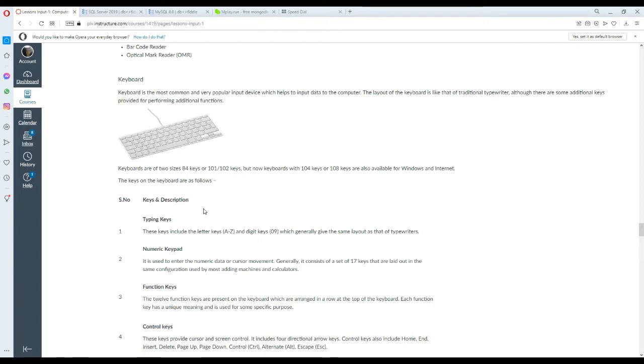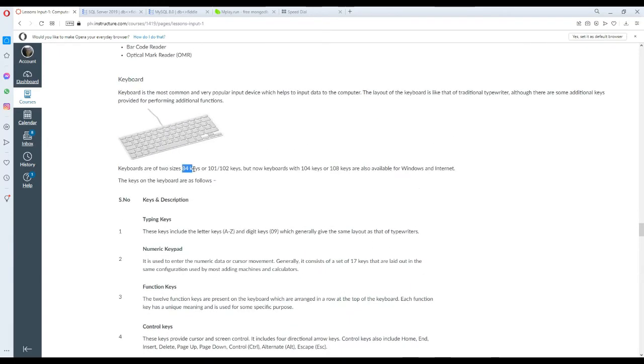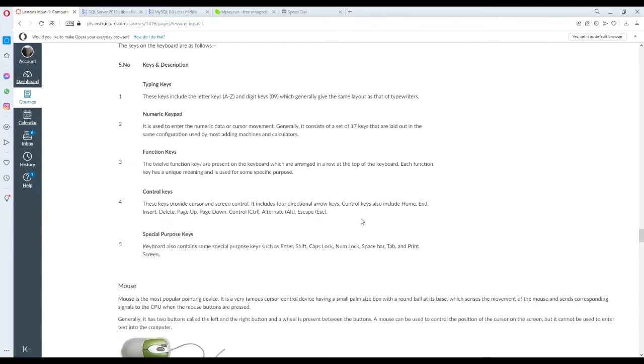A keyboard can be in your computer, in your laptop, in your cell phone, even a Nokia black and white 2G phone has a keyboard. Okay. So the keyboards are of two sizes. We have the 84 keys or 102 keys, and we also have 104 or 108 keys, which has special functions.